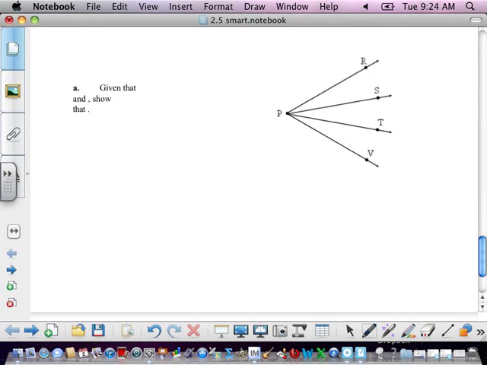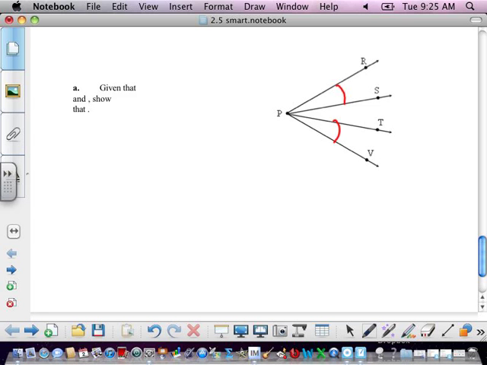The measure of RPS. I still have a hard time figuring out what angle we're talking about, so I'm going to label it RPS. I'm given that RPS is equal to the measure TPV, so this angle.